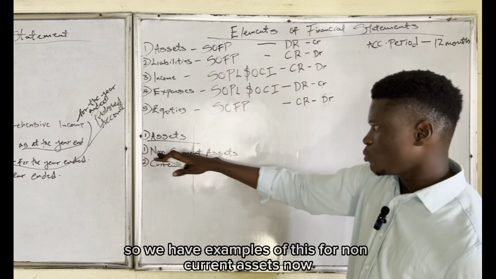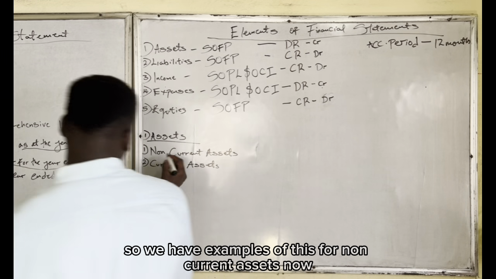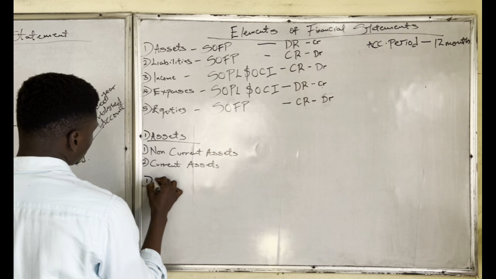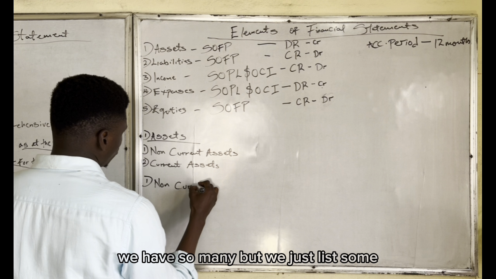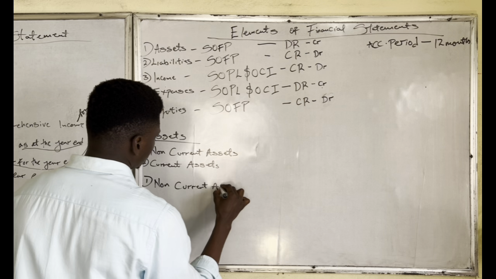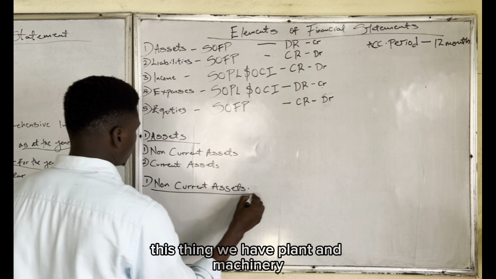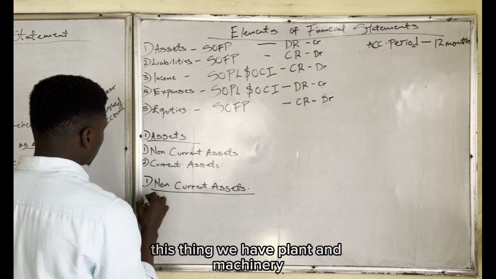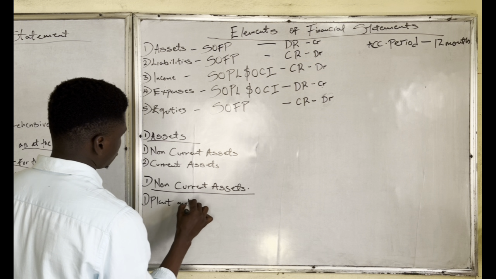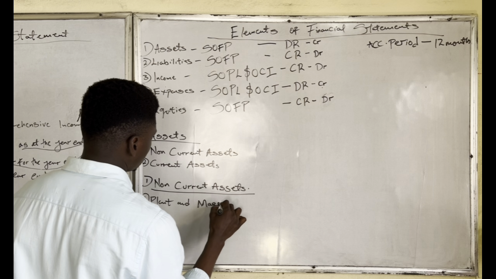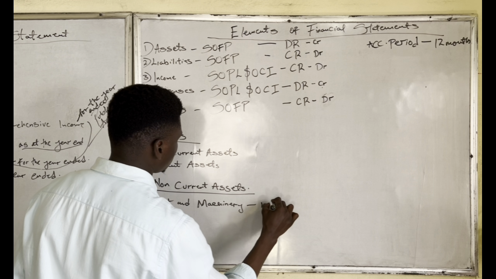So we have examples of non-current assets now. We have so many, but we just list some to demonstrate this. We have plant and machinery, which is governed by IAS 16.